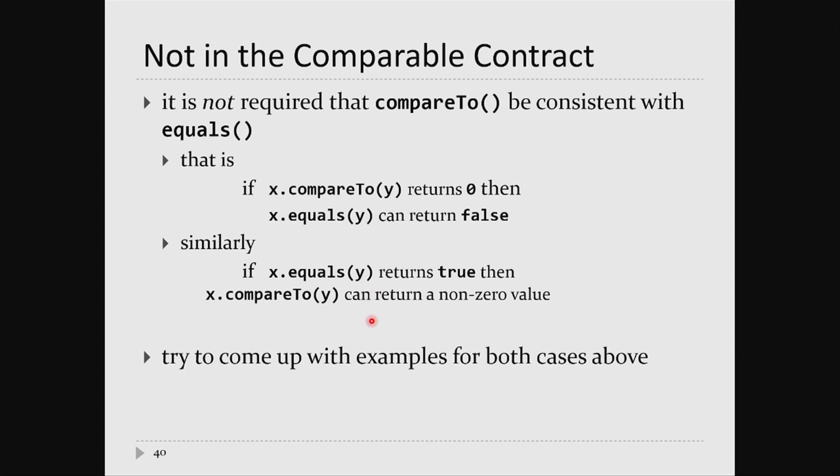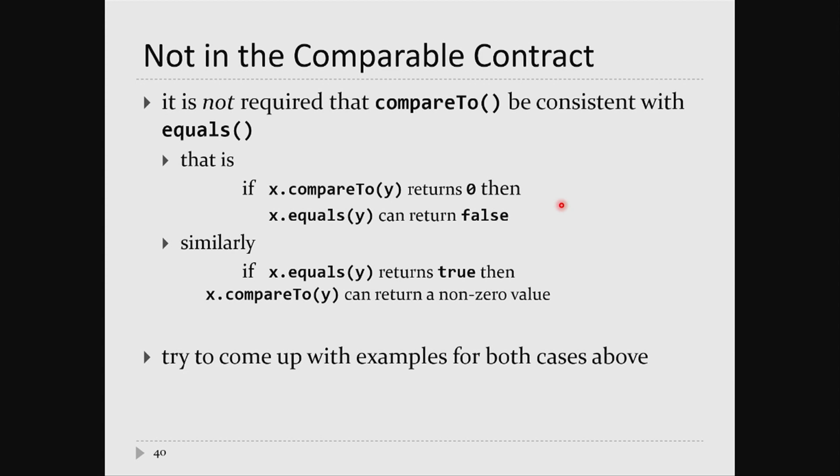And similarly, you can come up with situations where it makes sense that x equals y is true. So two objects think that they're equal, but when you compare them, they're not equal. So that sounds a bit weird. You should try to cook up some examples for both of these cases. The first one's easy. The second one is quite unusual.